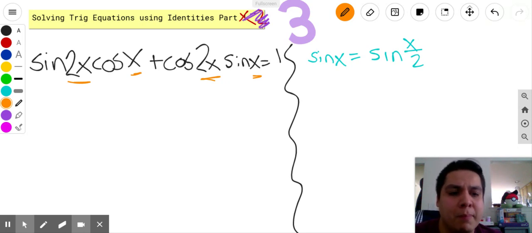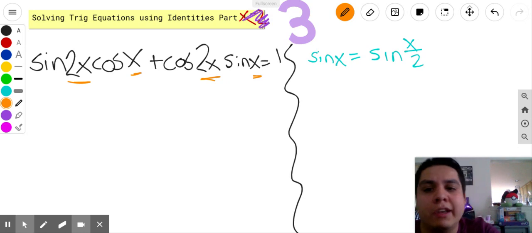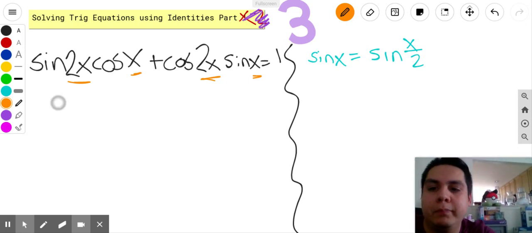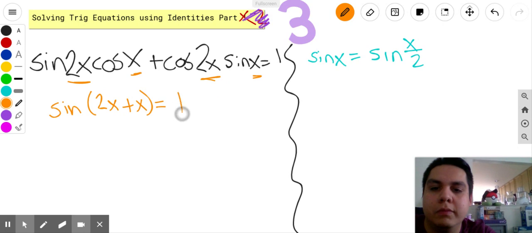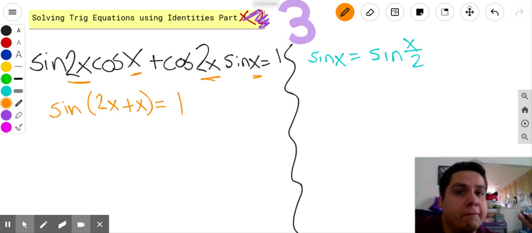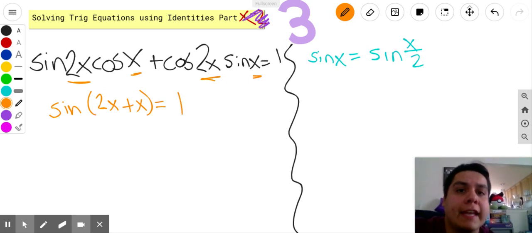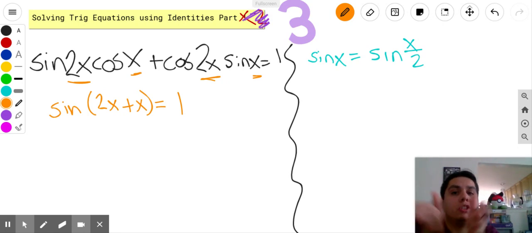I remember Sinbad and Cosette, so Sinbad's with Cosette, Cosette's friend is with Sinbad's friend. So I know I could rewrite this as sine of 2x plus x should equal 1. It fits the structure for the identity that I know, and I'm choosing to condense it rather than to expand it in this instance.